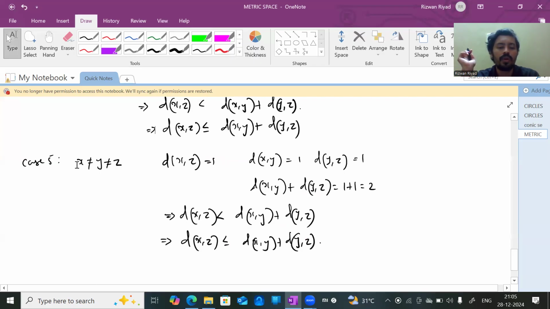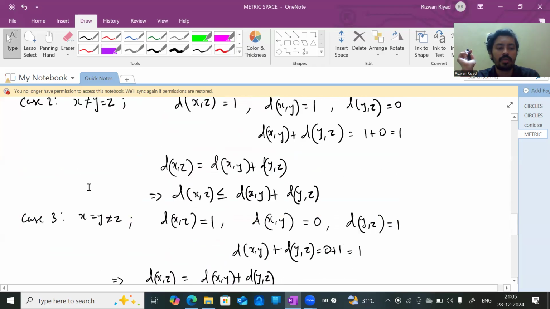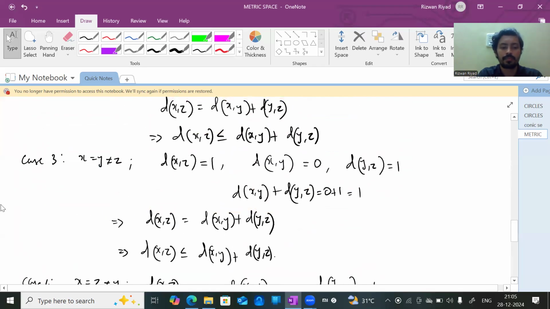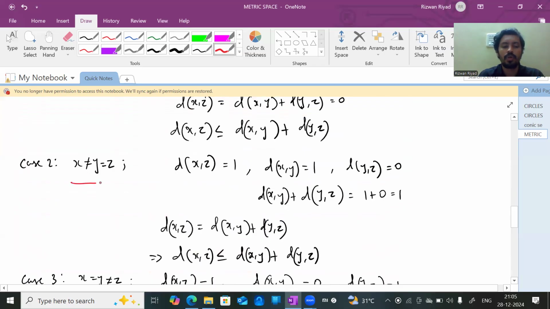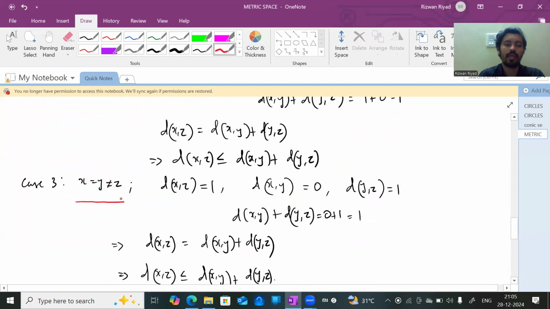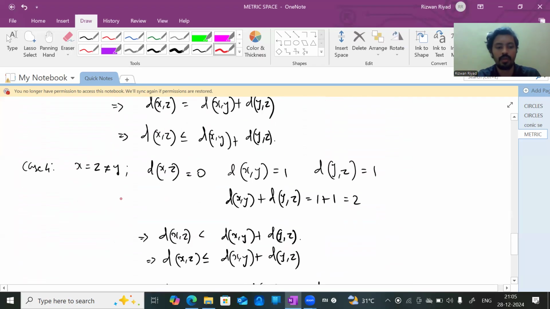You can find only these five cases. First, case 1, x equal to y equal to z. Second case, x not equal to y equal to z. Third case, x equal to y not equal to z. Fourth case, x equal to z not equal to y.